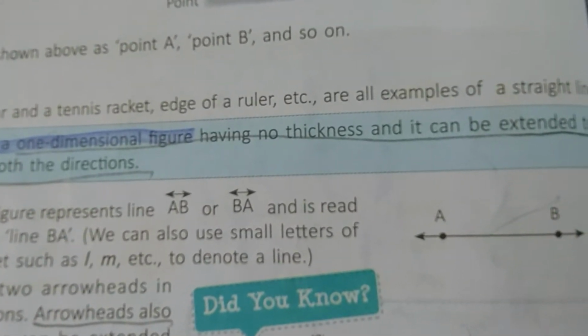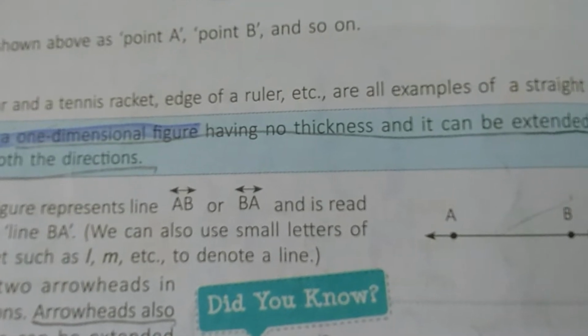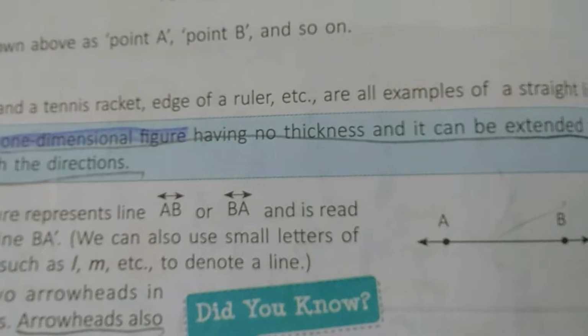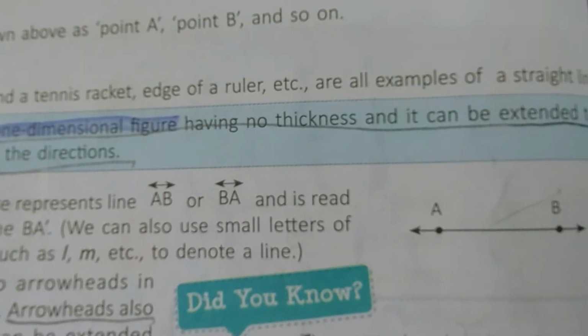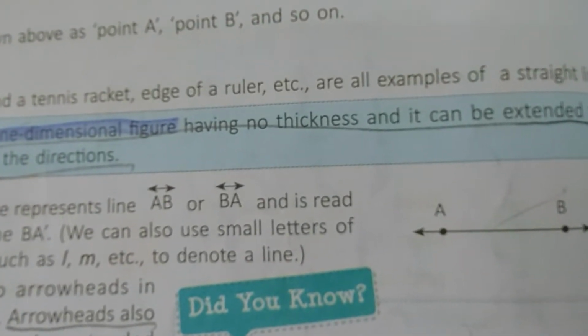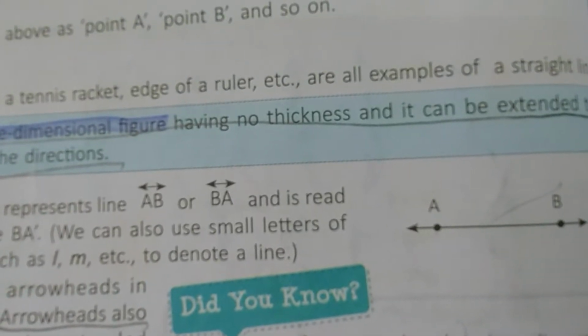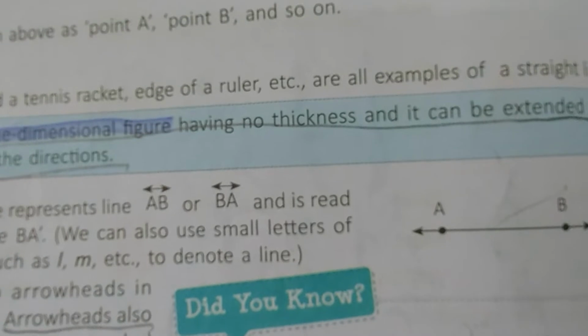The 2 arrows show that the line extends in both directions infinitely. A line has no end point and infinite points lie on one line.